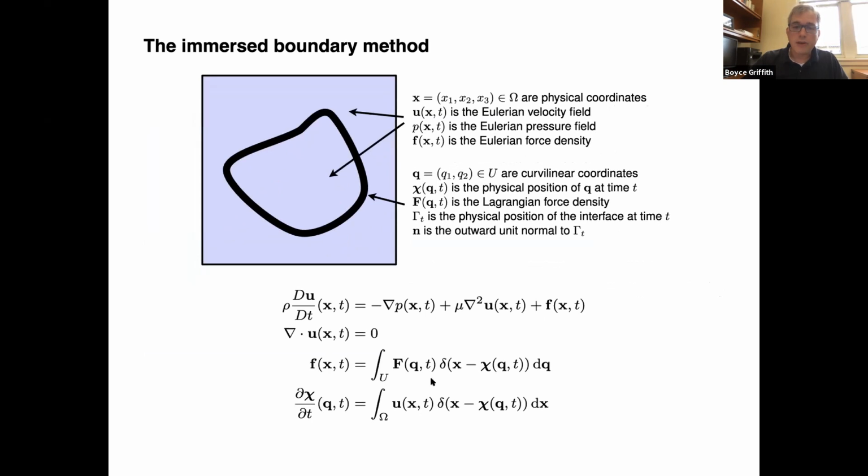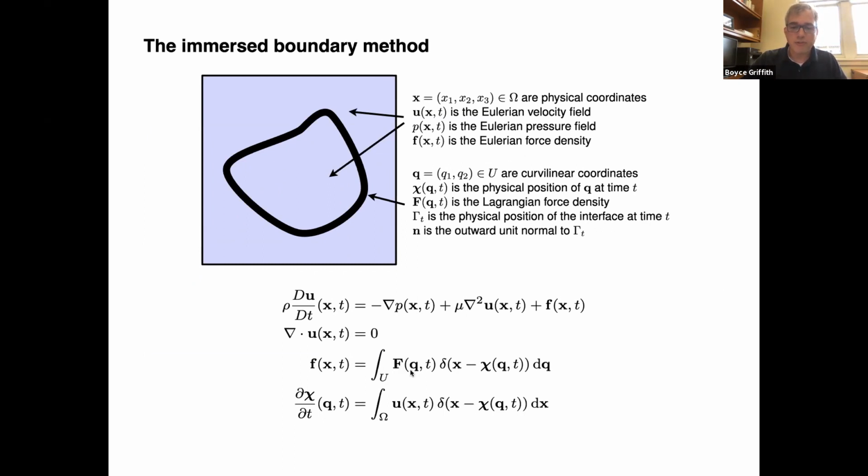In the continuous equations of motion, what you wind up with are the Eulerian incompressible Navier-Stokes equations, except that they're augmented by an additional force. In the case of a boundary, we have a boundary force. I'm going to be a little bit vague about where this force comes from for now; I'll be more specific in a few slides.